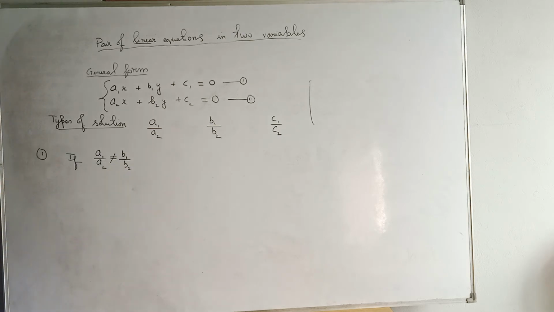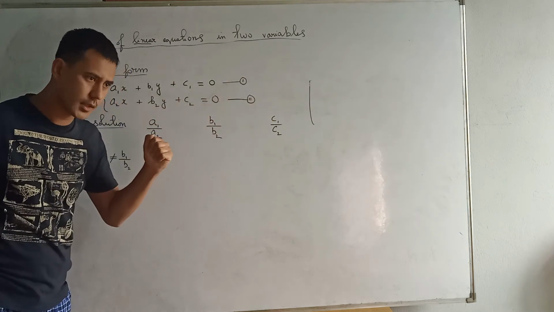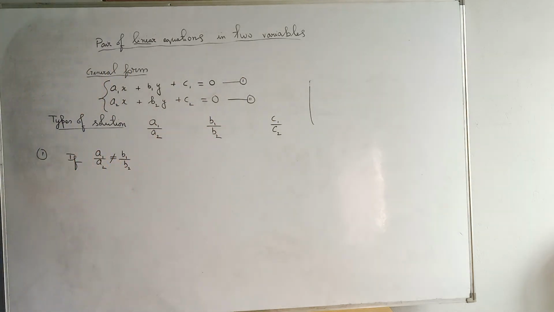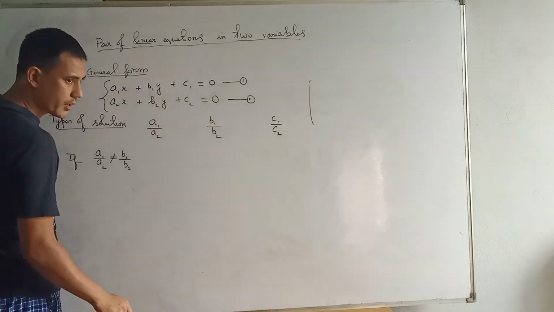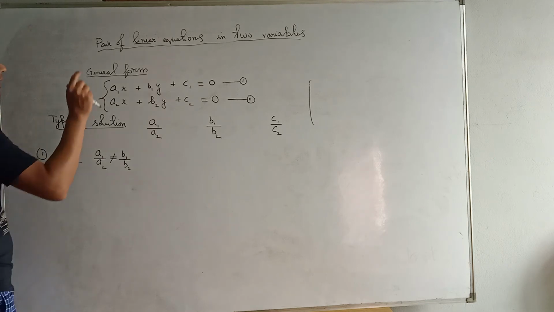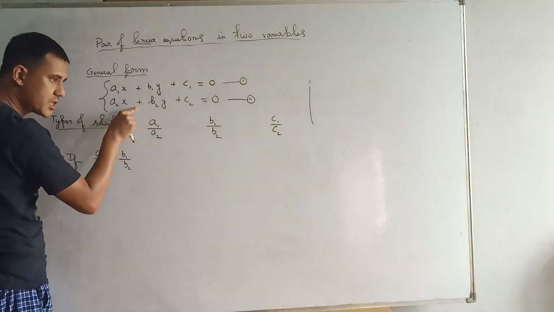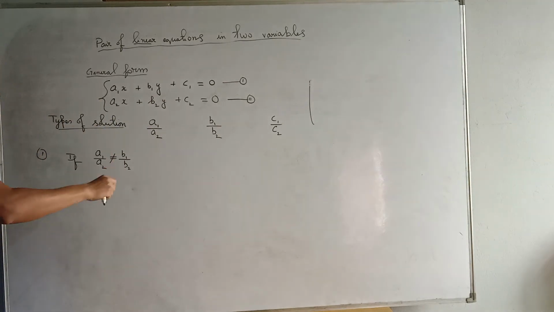If the first two ratios are not equal, then we do not compare it with the third ratio. So if the first two ratios are not equal, then we can conclude that the given pair of linear equations has a unique solution.